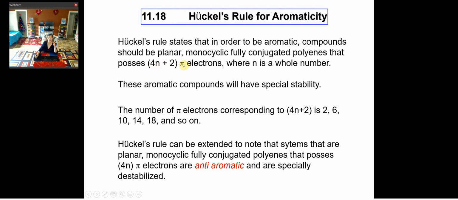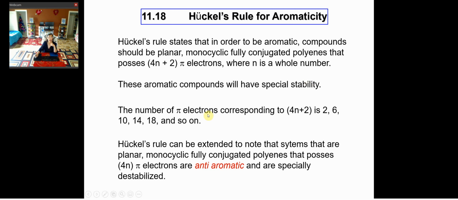4n plus 2 pi electrons. This n is a positive integer including 0. It can be a whole number: 0, 1, 2, 3, 4, 5, etc. These aromatic compounds will have very special stability.